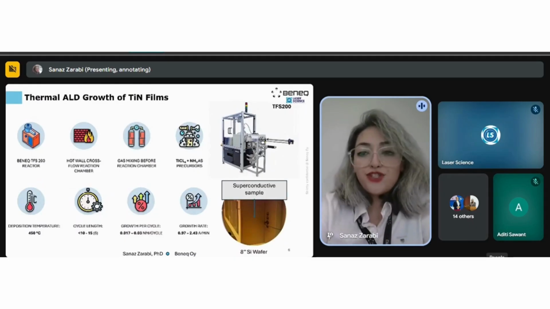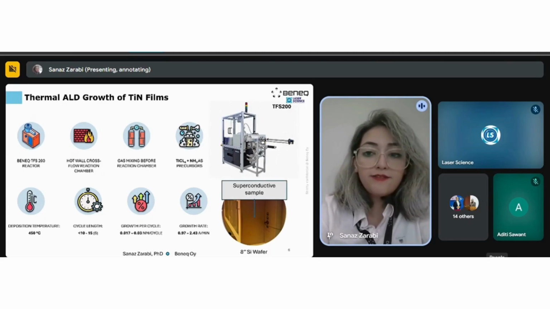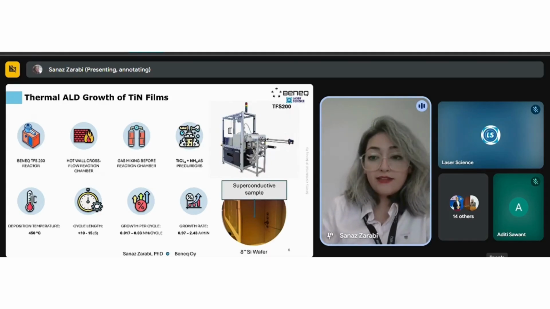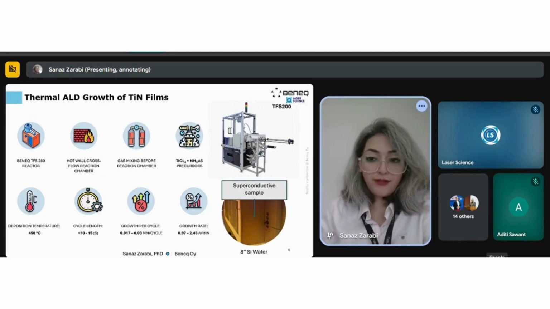But I'm pleased to share that at Beneq, we successfully deposited a uniform, high-quality titanium nitride thin film using thermal ALD in our TFS200 reactor, which operates at 450. These films were then carefully optimized to exhibit superconductive behavior under tightly controlled processing conditions.